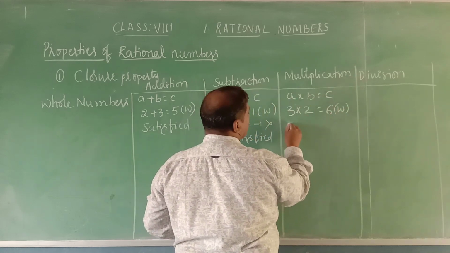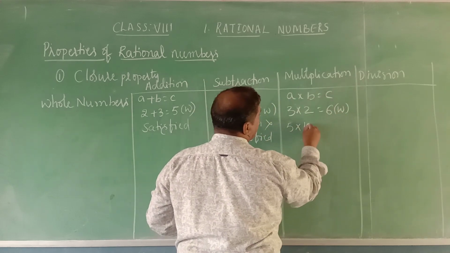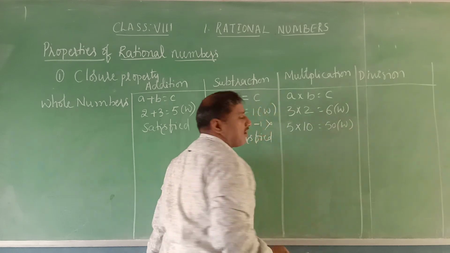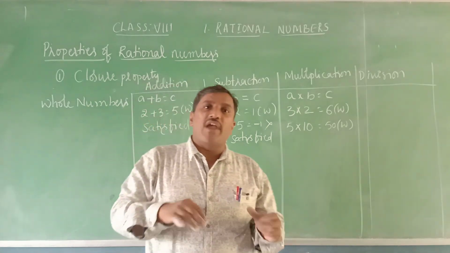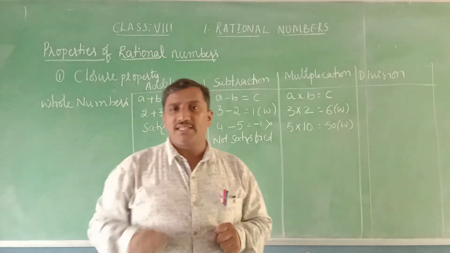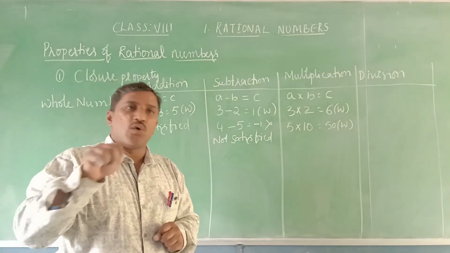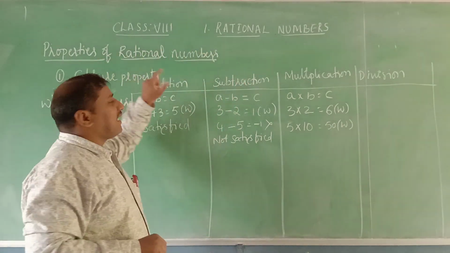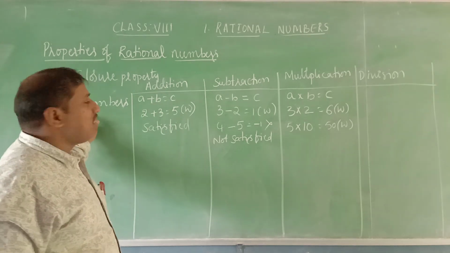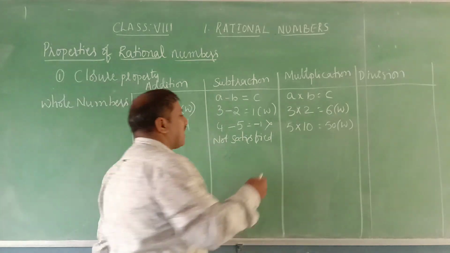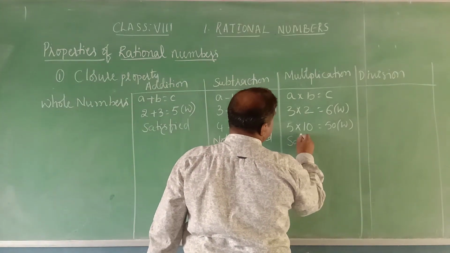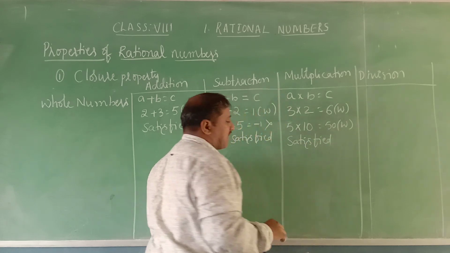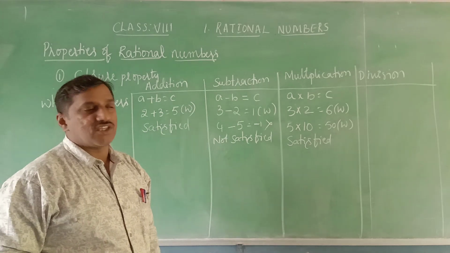Let A is equal to 5 and B is equal to 10. 5 into 10 is 50. This is also a whole number. That means the product of any two whole numbers is always a whole number. So we can conclude that the closure property is satisfied by whole numbers under multiplication.